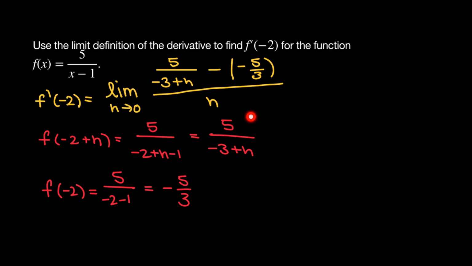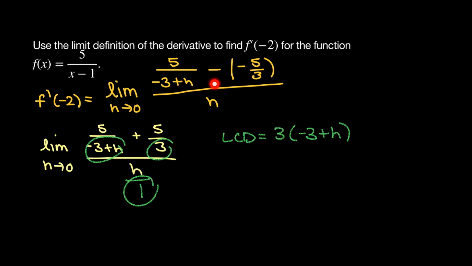Those two values are going to go into my limit definition. So f of negative 2 plus h, 5 over negative 3 plus h, minus f of negative 2, which is negative 5/3, all over h. Minus a minus becomes a plus. And then I'm going to simplify this expression.